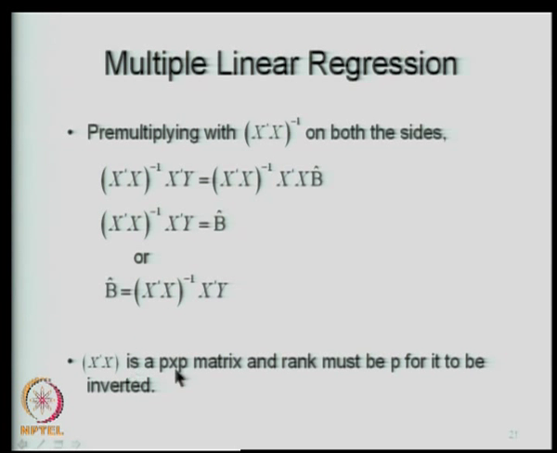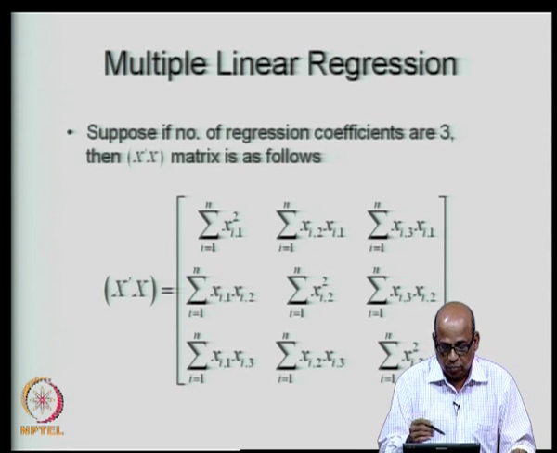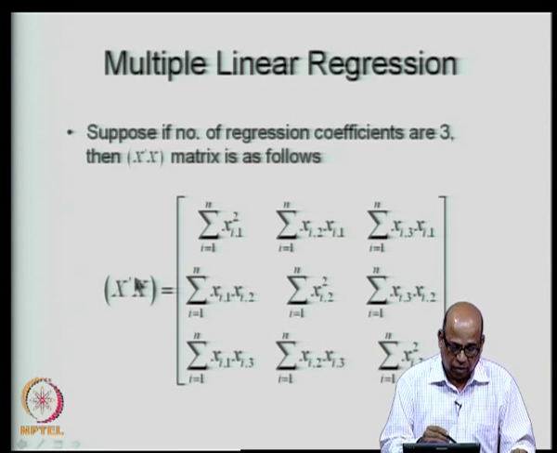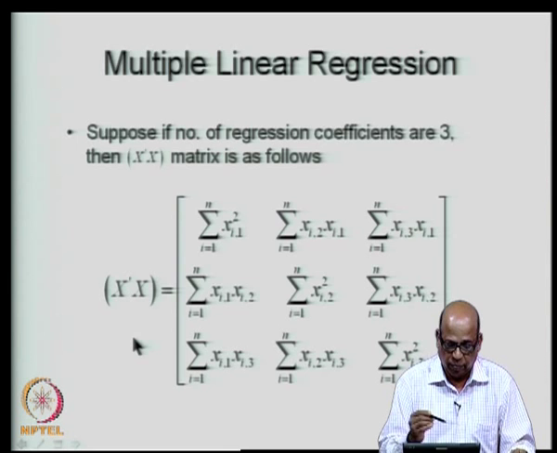Now, x dash x is a p by p matrix and its rank must be p for it to be inverted, because we are interested in x dash x inverse. So, for the x dash x matrix, x is an n by p matrix, and we take a transpose of that, and this is the original n by p matrix.